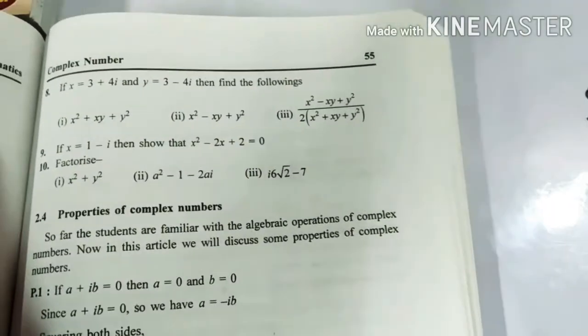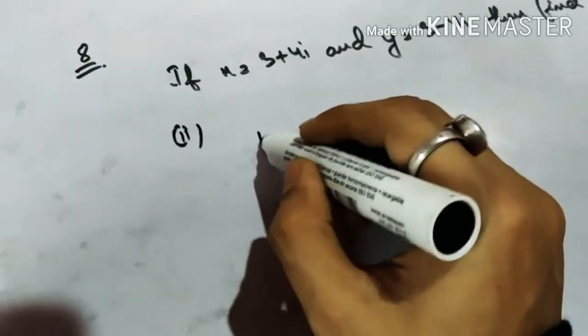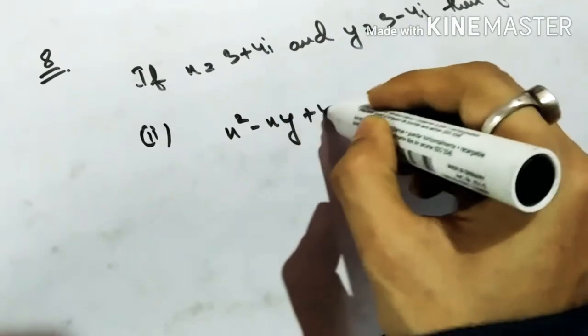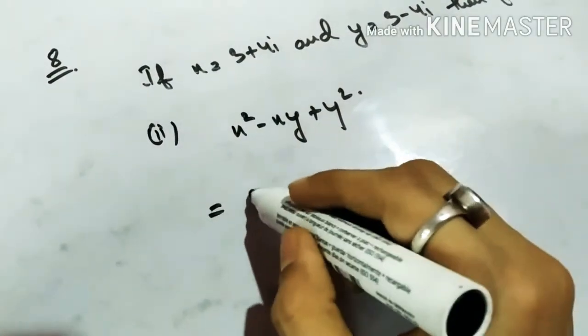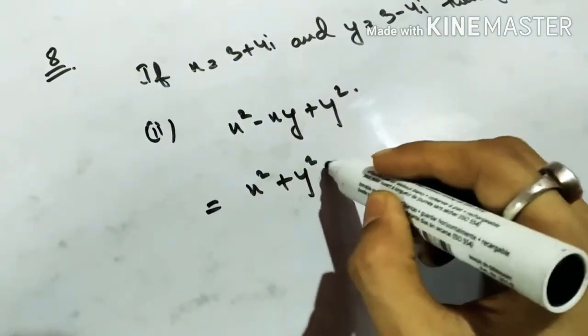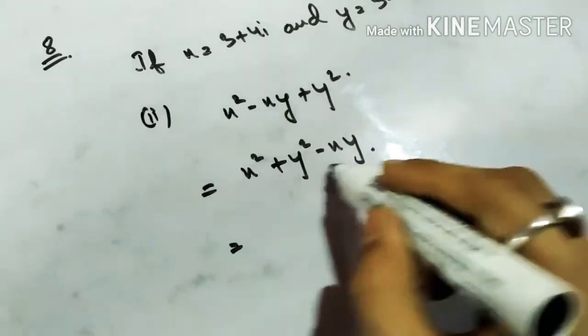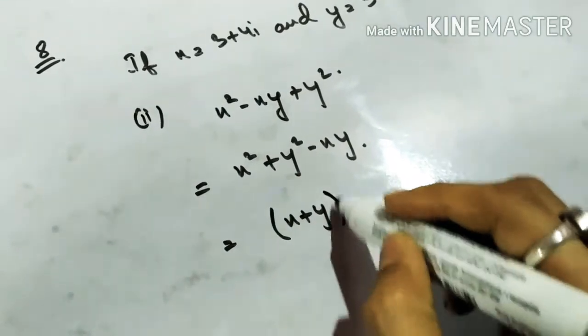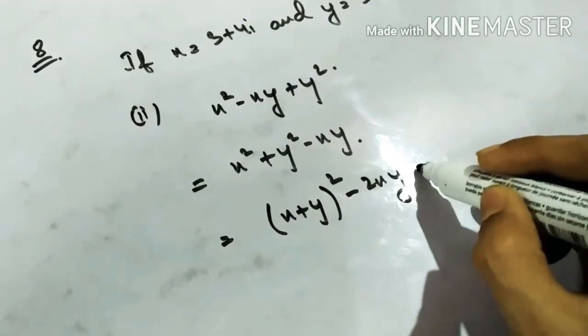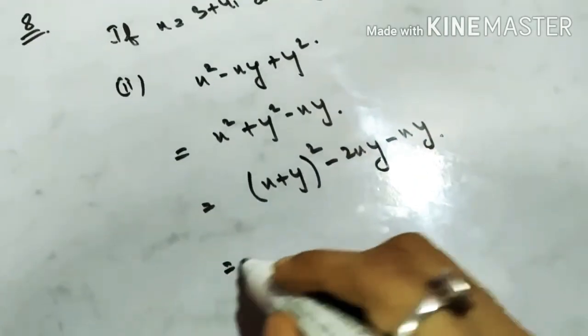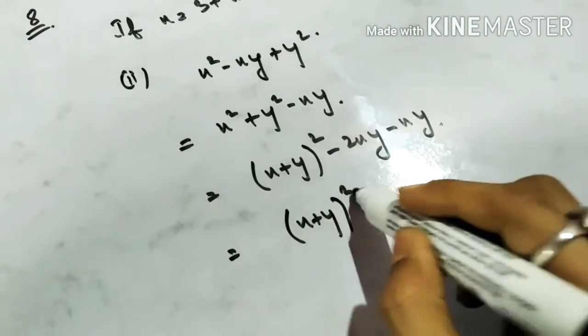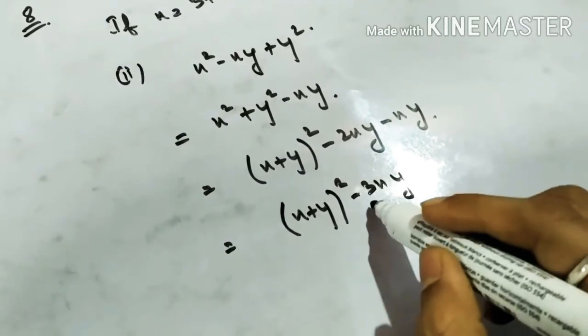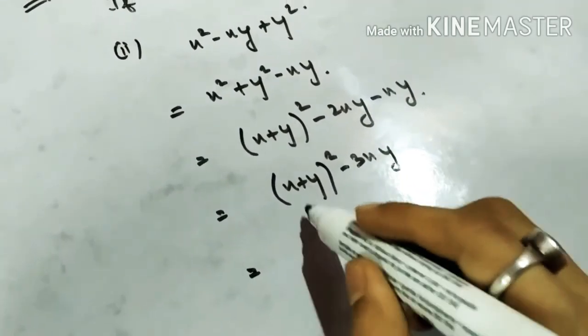So number 2, x square minus xy plus y square. This I can write as x square plus y square minus xy. This I can write as (x plus y) the whole square minus twice xy minus xy, so (x plus y) the whole square minus 3xy.